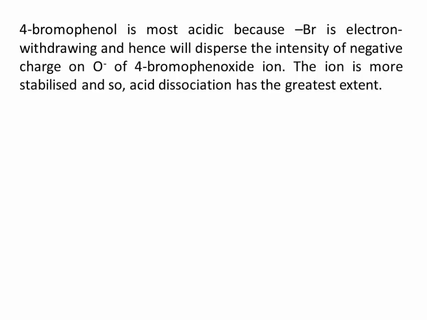Why? Because on the benzene ring, you have an electron withdrawing group in the form of Br. So it will disperse the intensity of the negative charge on the O minus of your phenoxide ion, thus making it more stable, and hence acid dissociation will be the greatest.